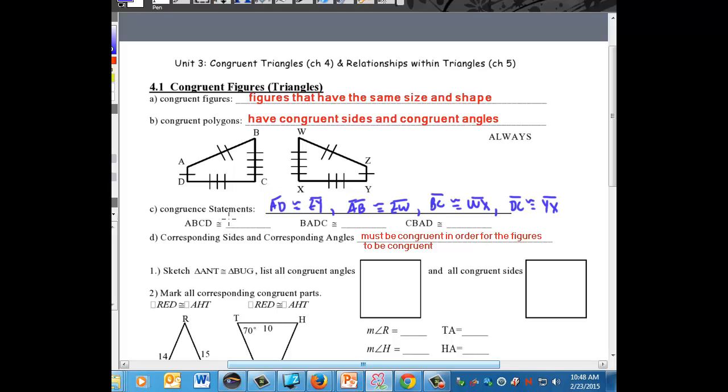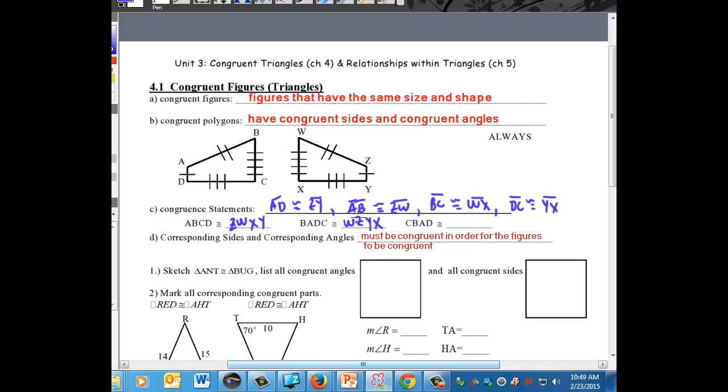So I would have to say that this is going to be Z, W, X, and Y. And the reason why that's important is that these angles match up and they're congruent, meaning angle A and angle Z are congruent, angle B and angle W are congruent, angle C and angle X are congruent, angle D and angle Y are each congruent. And we have to go in order. So if I went BADC, I would have to go W, Z, Y, and X.